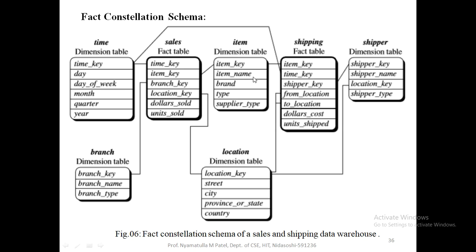So you have two fact tables and we require only one set of dimension tables. There is no need to create a separate dimension table for shipping and a separate one for sales. The same dimension tables for time, item and location are shared between the shipping fact table and the sales fact table.